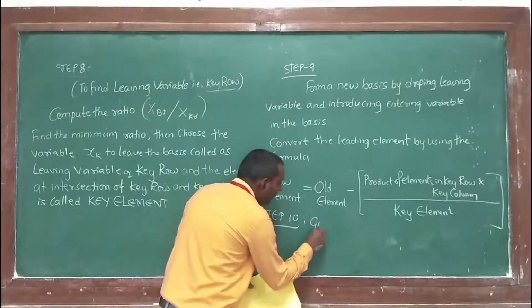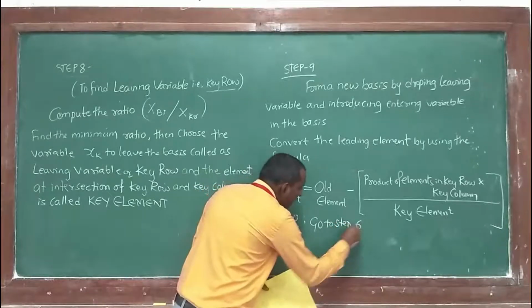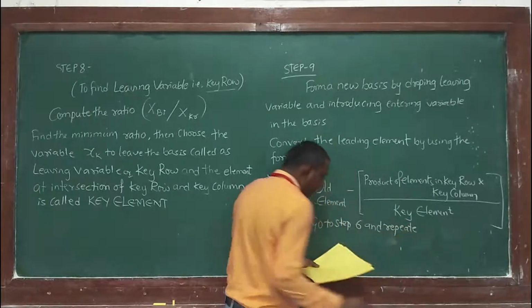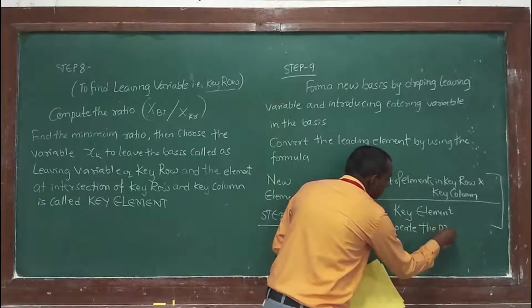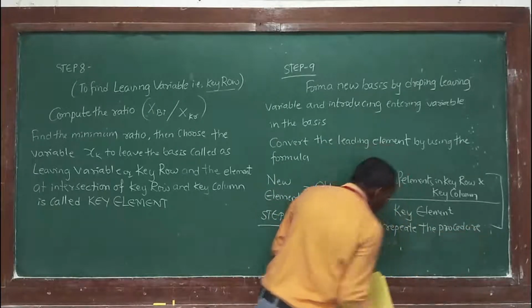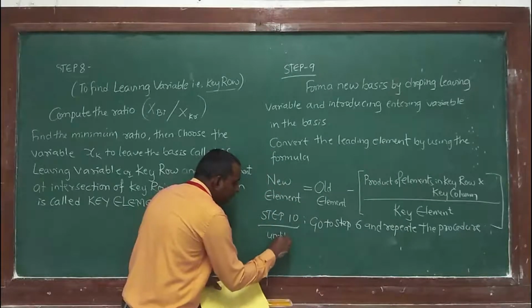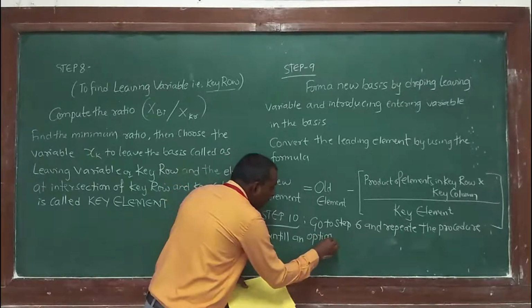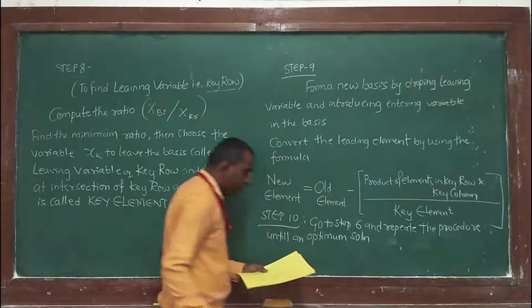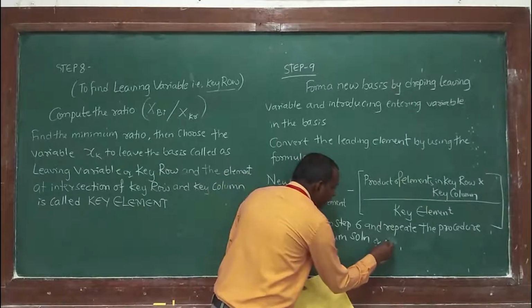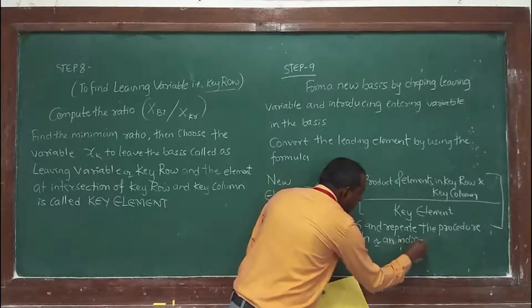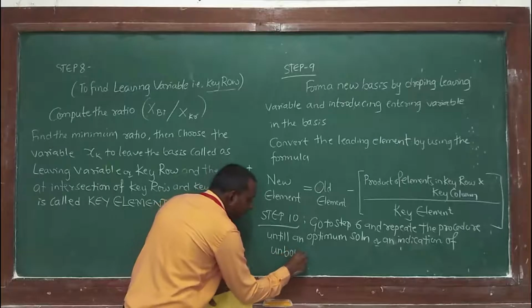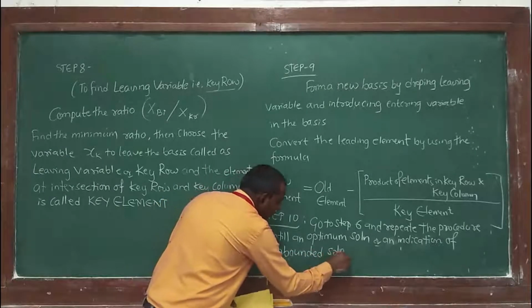Go to step 6 and repeat the procedure until an optimum solution or an indication of unbounded solution.